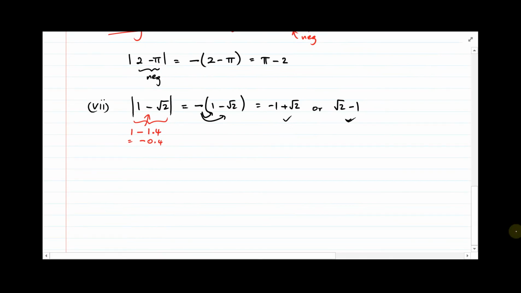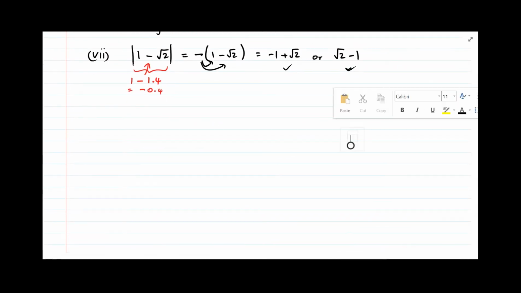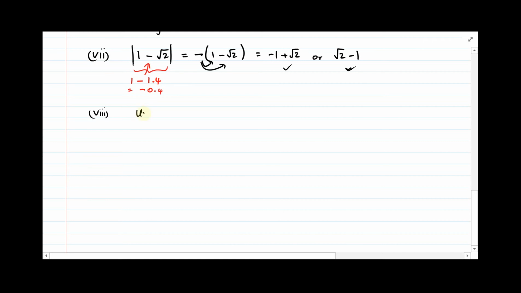Okay, so continuing. If we looked at, say, using this idea, square root of 2 is approximately 1.4, square root of 3, 1.7, and we could say I want negative of the absolute value of 3 minus 2 root 2.